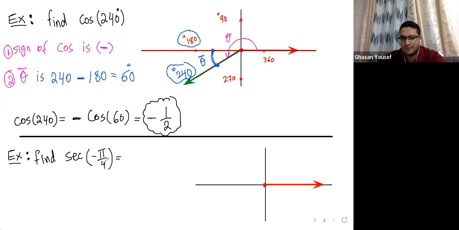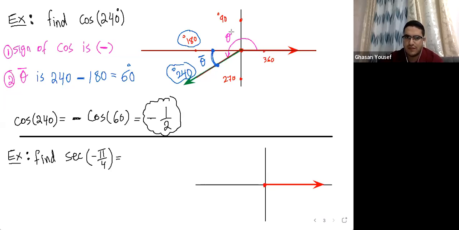How can I graph this angle? Do you remember in the beginning of this section when I said the minus means we have to move clockwise or counterclockwise? The minus here means we have to rotate clockwise instead of counterclockwise.